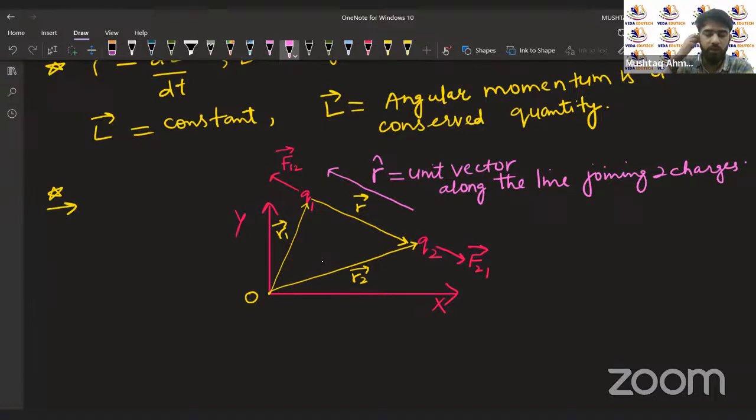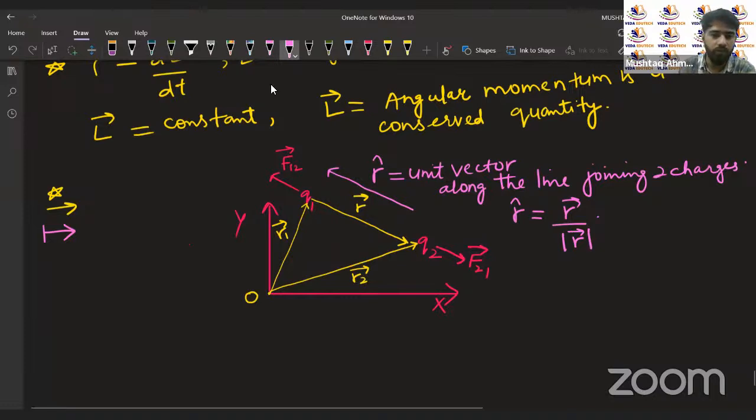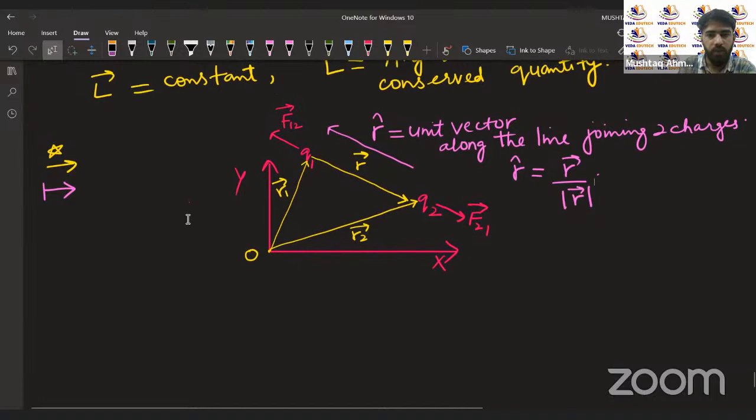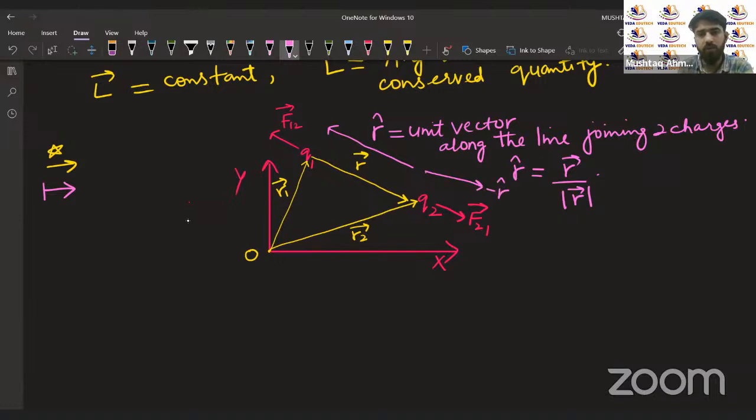So this is the unit vector of this r vector. And we know the unit vector is nothing but the r vector upon the magnitude of that r vector. That's how we define the unit vector. If this is the direction of r vector, then this is the direction of minus r cap.